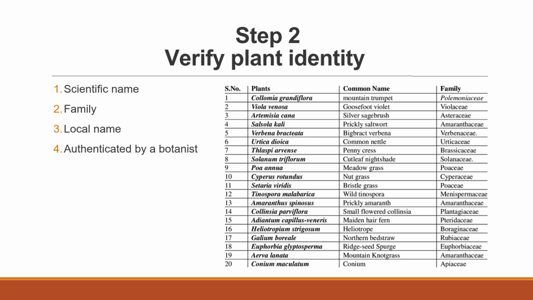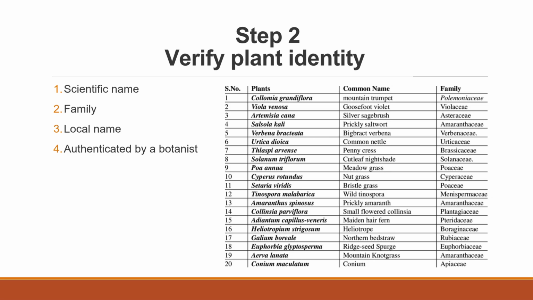The first step is proper collection of the plant specimen. You can collect the parts from the location, and you need to record the date of collection and the habitat of the plant. You can get the scientific name, the family, and the local name. Vernacular names, you have probably heard of them. Locally, a plant has many different names.